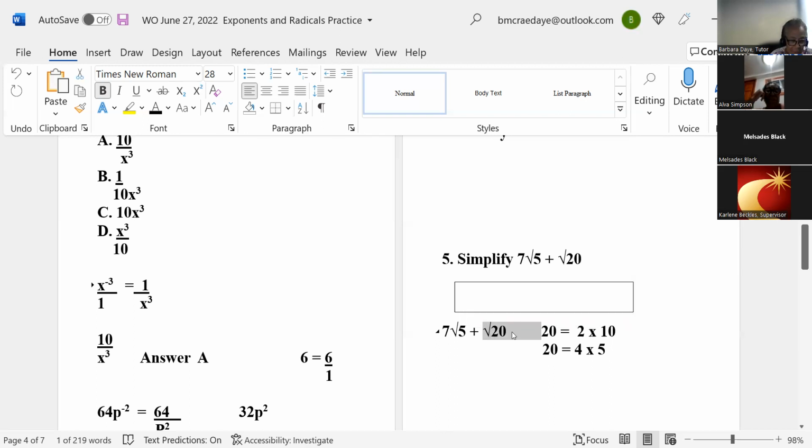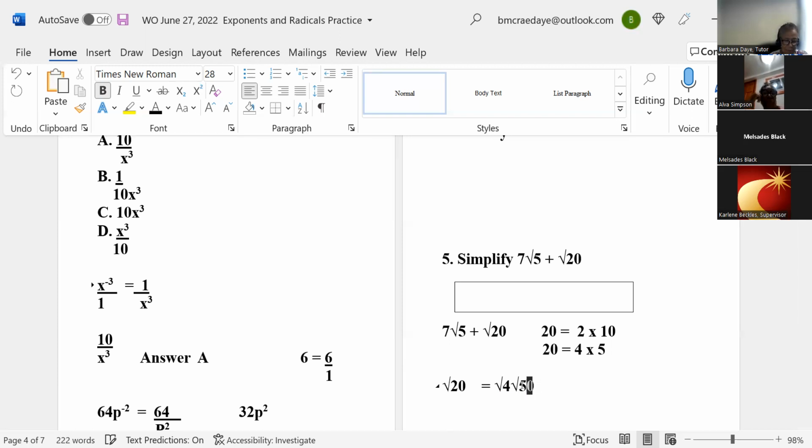Let's take the square root of 20, and that factors into what you just said, Alba, the 4 and the 5. So this is square root of 4 times square root of 5.